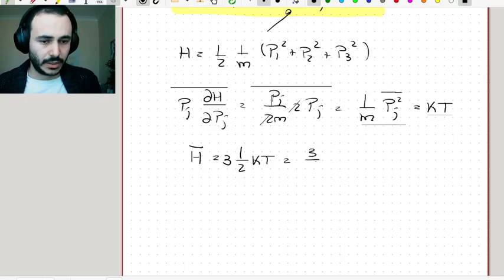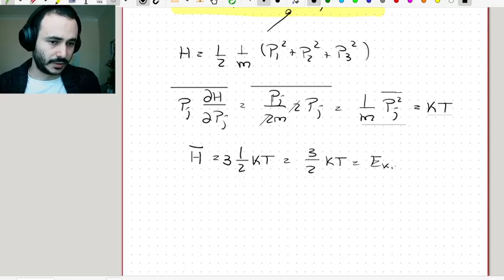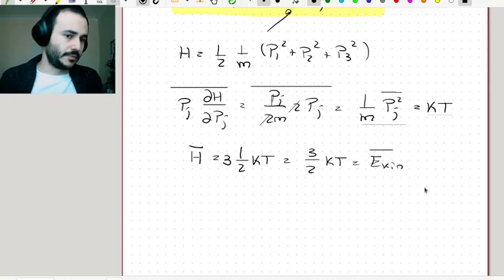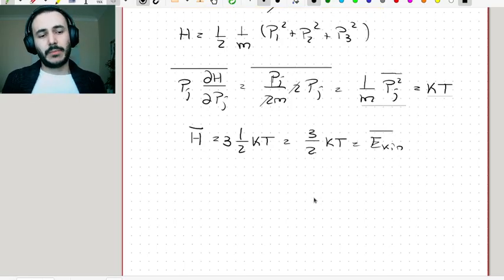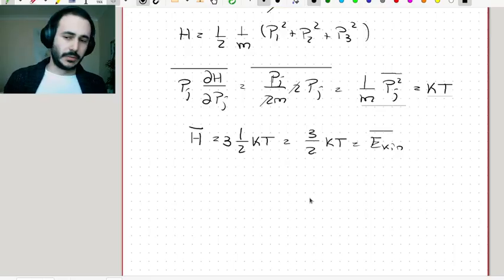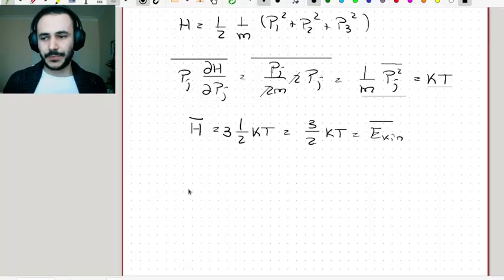And this is exactly what we found before. This thing, which is actually equal to the average kinetic energy because we don't have potential energy, is 3/2 times kT. But we can use this result in more complicated Hamiltonians with more terms, and this is what we're going to do now.